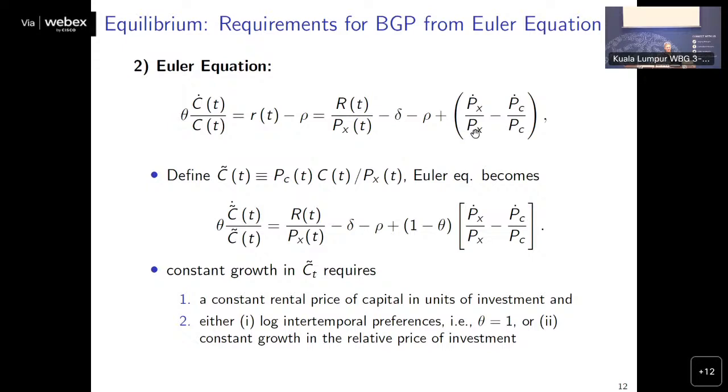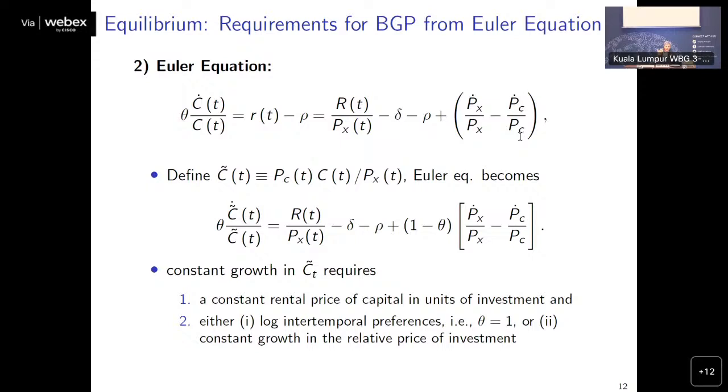And the second thing here is that the growth rate of the relative price of investment shows up. Because if I save, I have an investment good tomorrow, and the value of that depends on the fact that I give up consumption and I get an investment good.